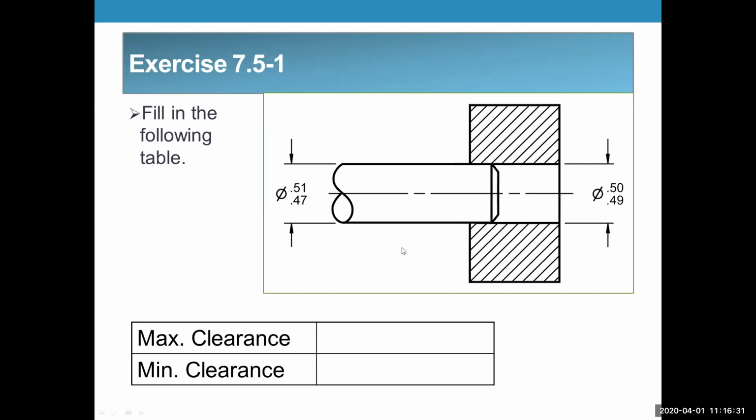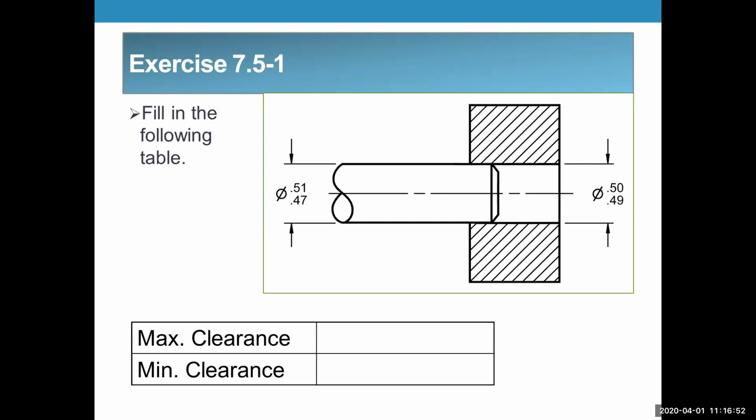Well, let's see how they do it. I don't want to say it that way if they show it a different way, but the maximum clearance is going to be the smallest shaft, 0.47, the largest hole, 0.50. So it should be 0.03.